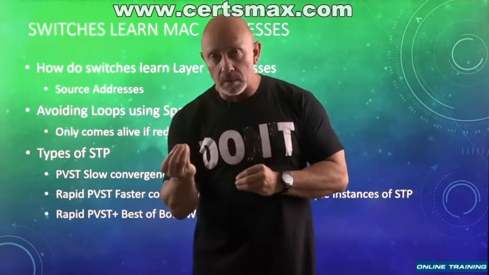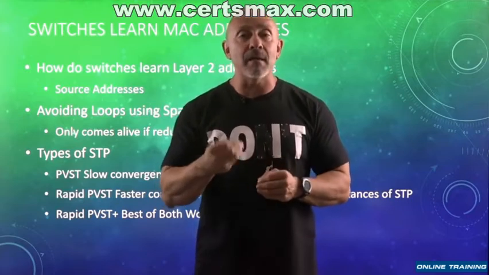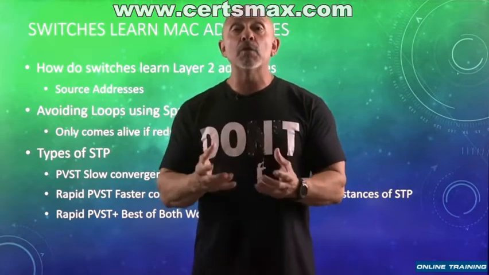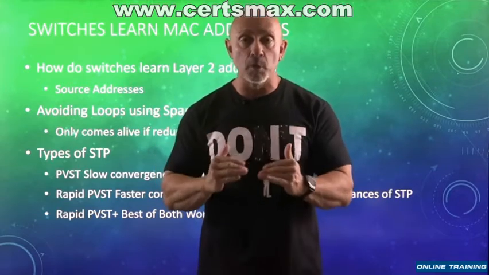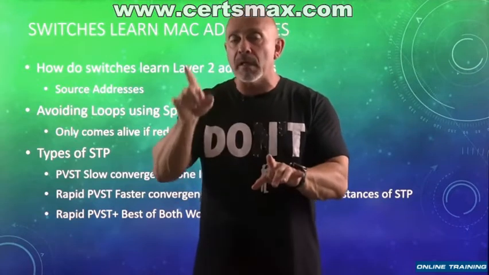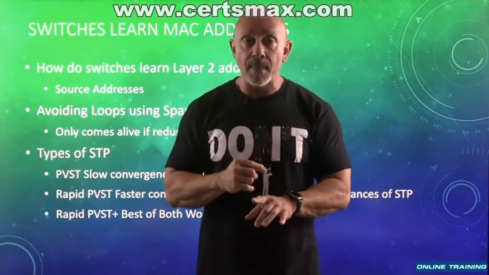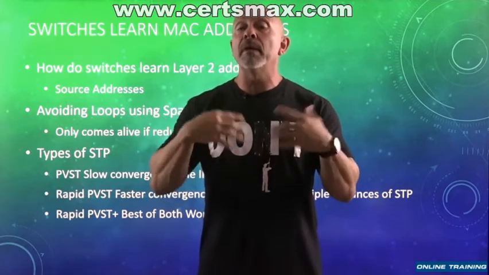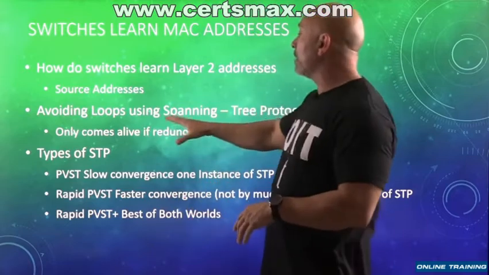But for right now, know that spanning tree is the tool inside every switch, and it is used to prevent switching loops, because the nature of a switch is to continuously keep forwarding and forwarding and forwarding that frame. Something has to make it stop forwarding that frame. If not, we create something called a broadcast storm. Okay? So that's the whole concept of spanning tree.